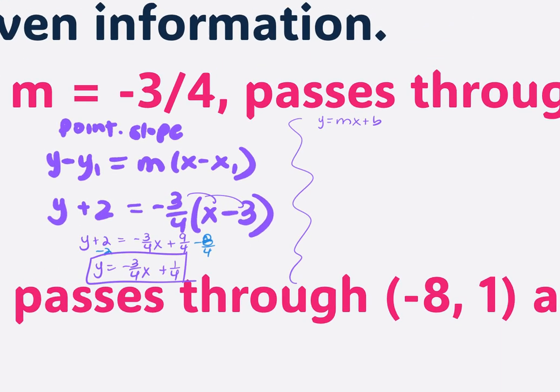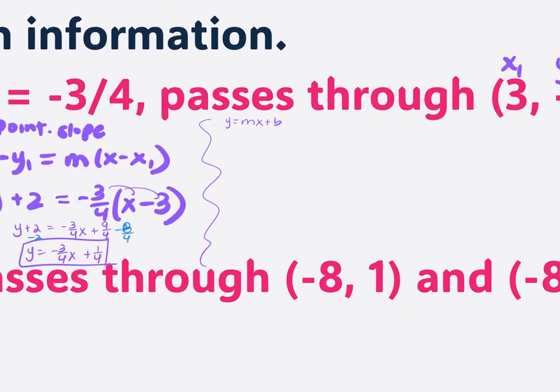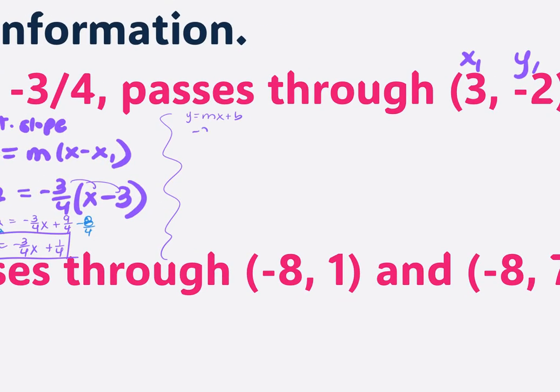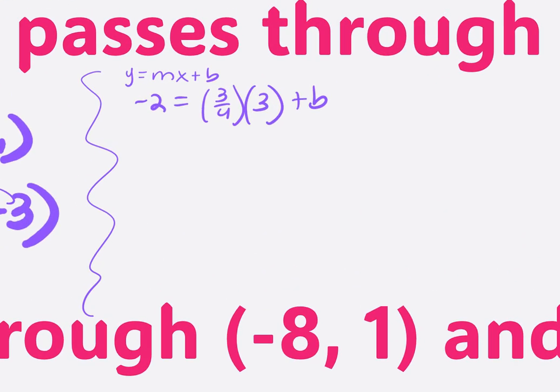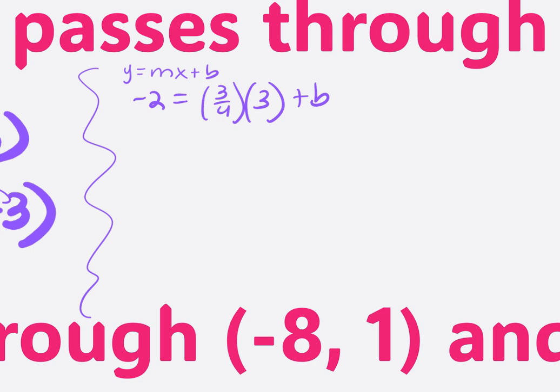All right, so now I'm going to take that coordinate point. I'm going to plug it in as my x and my y. So my y is negative 2 equals my m, which is negative 3/4, times my x, which is 3, plus b. So when I'm using the slope-intercept method, I'm plugging in the slope and the point because I don't have the y-intercept.